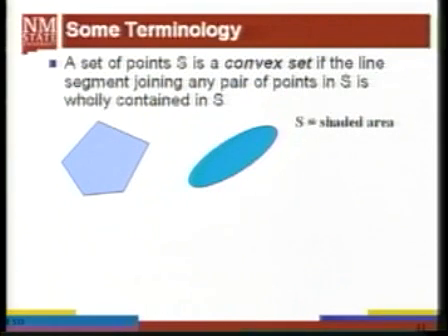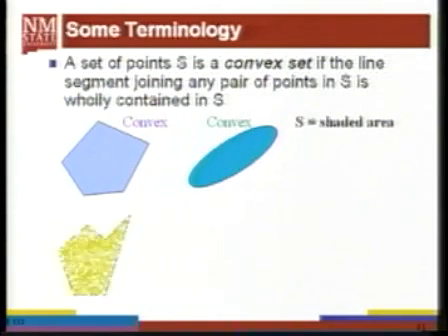Actually, in this case, each line segment joining 2 points in S contains only points in S, right? So for these figures, S is convex, right? So both of them are convex in this case. Then what about this? Is this convex? No, right?